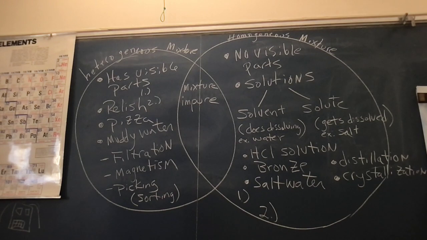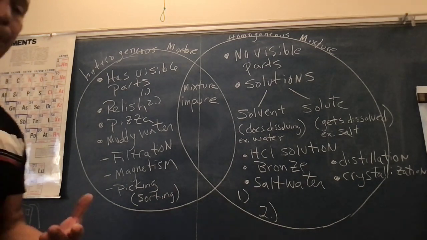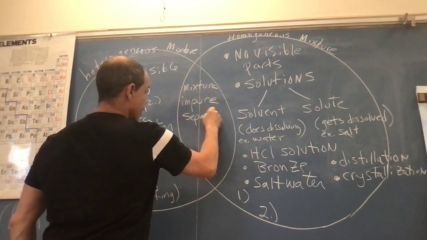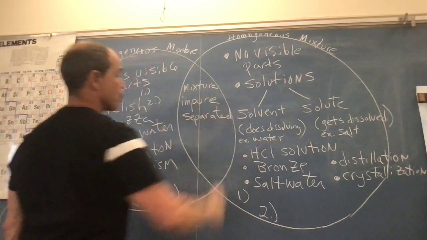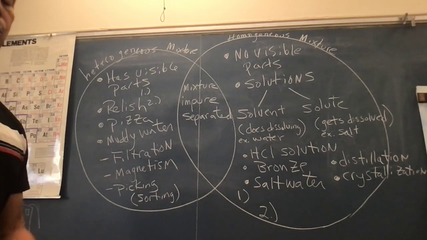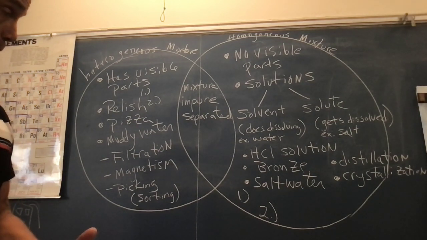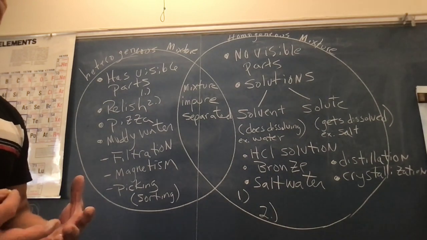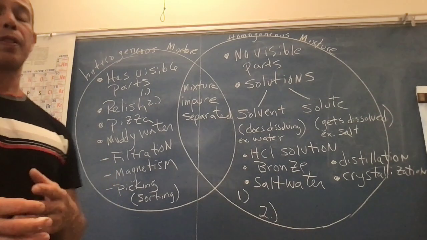So what else can I say about them that's the same? They can be separated. Both types of mixtures can be separated. And each one is going to be made of two or more different pure substances. The mixture itself is impure because it's made of a bunch of pure things.